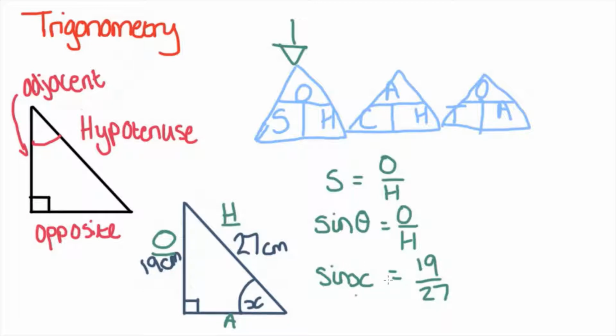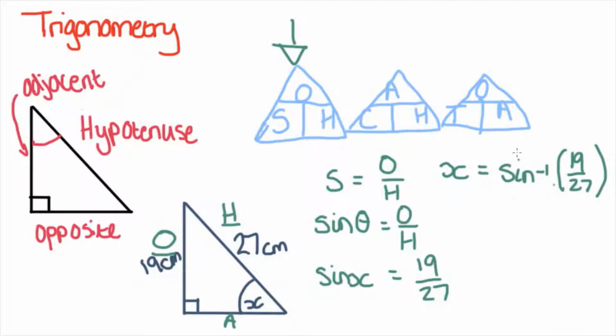So what we actually now want to do is just find x on its own, so we need to get rid of this sine somehow. And the way we do that is we apply the inverse of sine to both sides, and that gets rid of the sine here. So we get x equals sine to the minus 1 of 19 divided by 27.